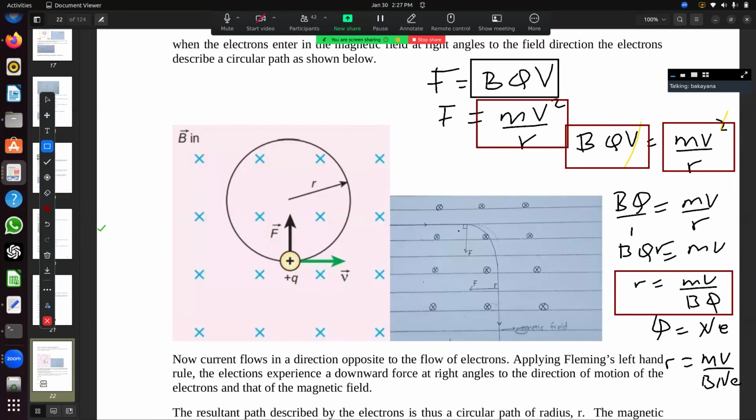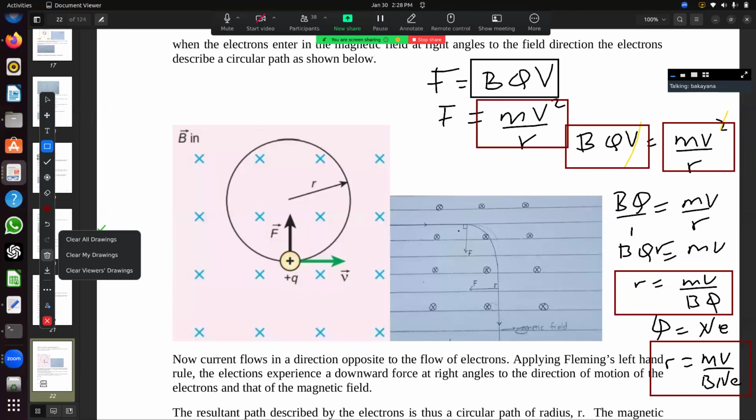Remember, I told you that total charge can be the number of charges times the unit charge, which is e. So when you substitute Q with Ne, you come up with this formula. Now that is the radius of the circular path described by a charge in a region of magnetic field.